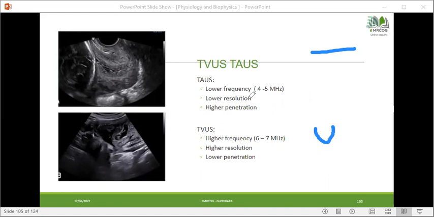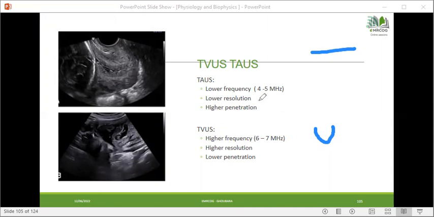That's why we will have better resolution with transvaginal. We will have higher frequency, and in the transabdominal we will have lower frequency and lower resolution.